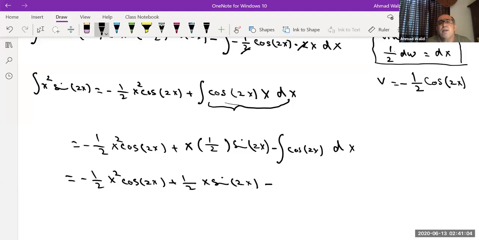This one should be sine, right? Sine 2x, not cosine. I'm copying all wrong. I'm sorry. You have sine 2x. The integral of sine 2x gives you negative 1/2 of cosine 2x, correct?